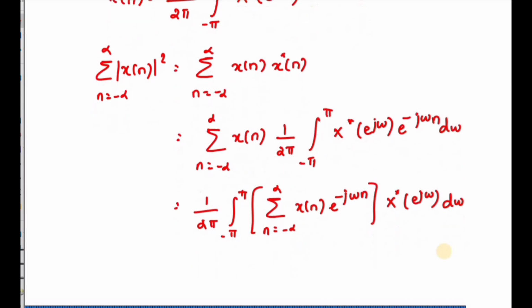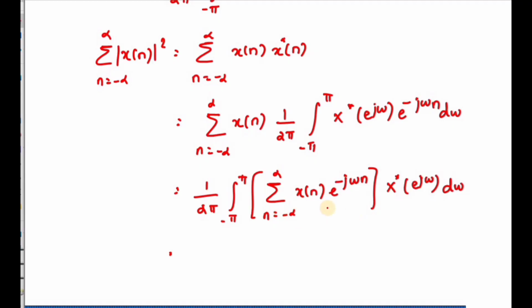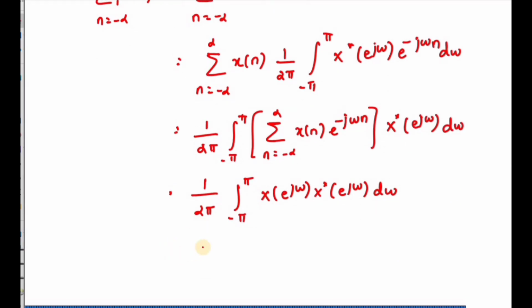I can write this as 1 divided by 2 pi times the integral from minus pi to pi of X of e power j omega, since the summation is nothing but X of e power j omega, into X star of e power j omega d omega. So I can write this as 1 divided by 2 pi times the integral from minus pi to pi of the modulus of X of e power j omega, the whole square, d omega. Hence proved.